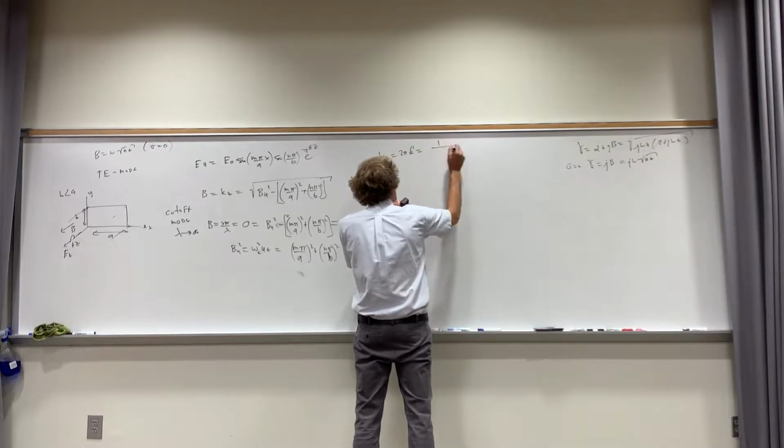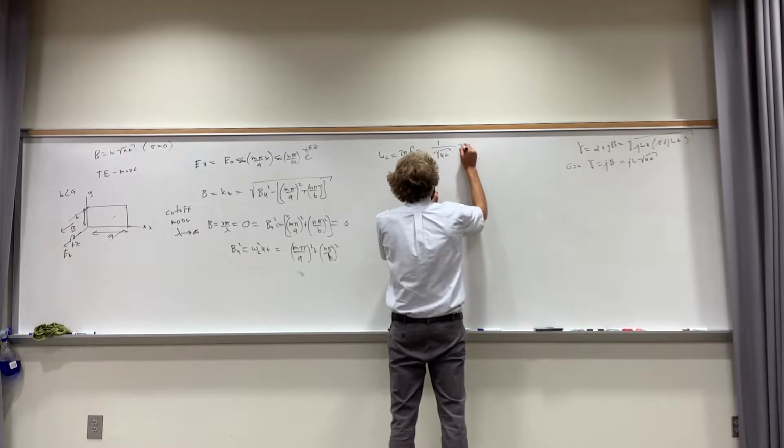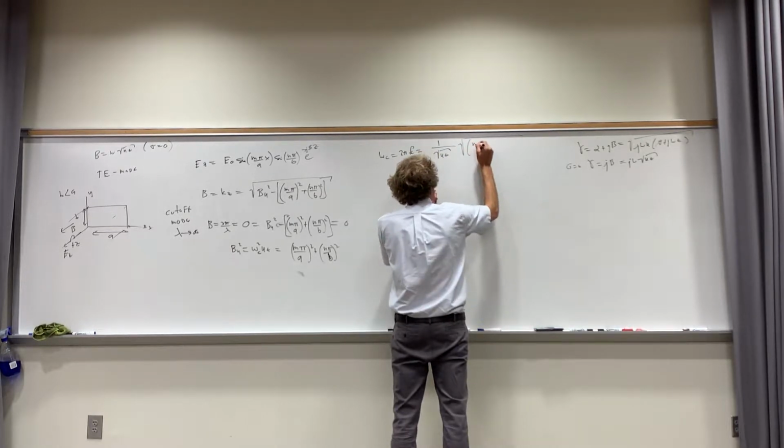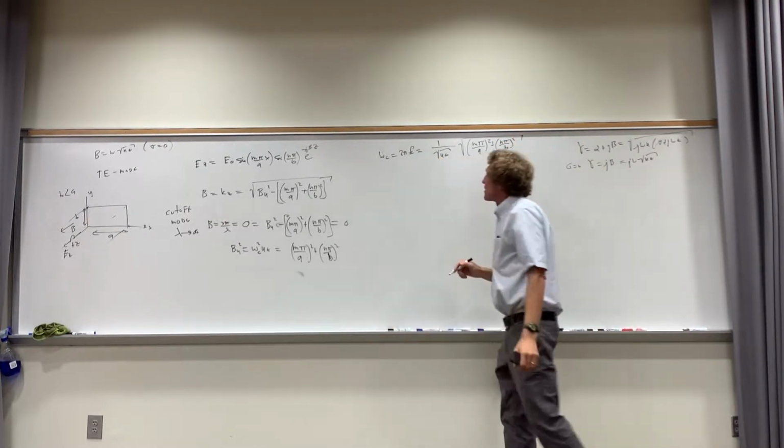So I have 1 over the square root of mu epsilon here, and then I have the square root of all that stuff, m times pi over a squared plus n pi over b squared. I've got all that there.